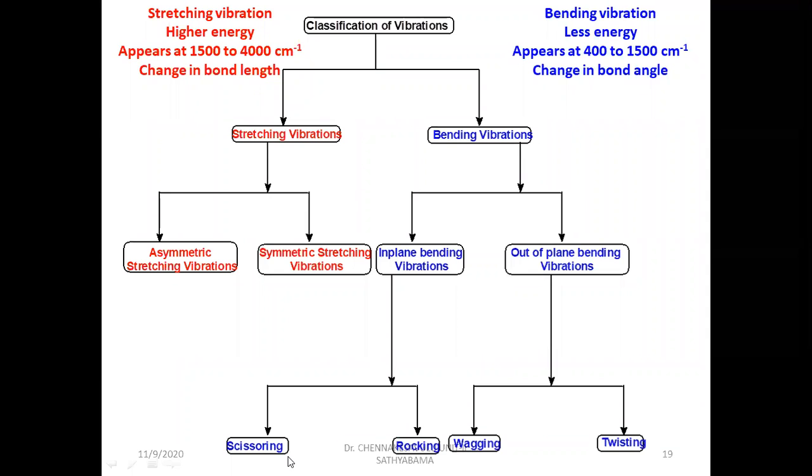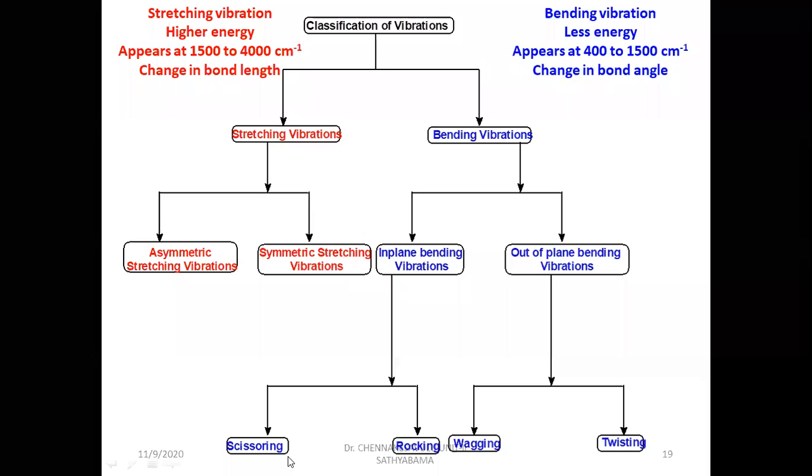In plane is scissoring. Here the three atoms are on the same plane, like a water molecule, O, H, H, all three atoms on the same plane. This is known as scissoring, and this is known as rocking. Scissoring and rocking. Now the out of plane bending vibrations are wagging and twisting.